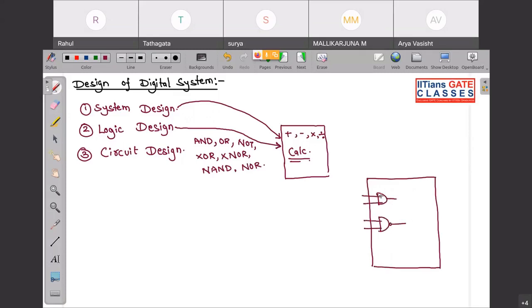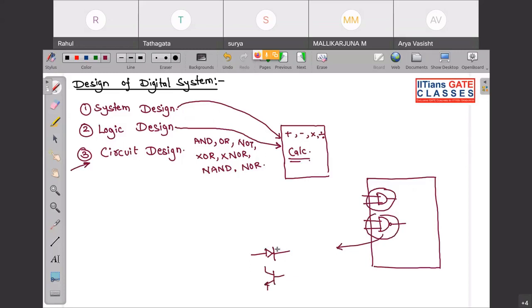Now what is circuit design? By circuit design we mean, this AND gate or this NAND gate also needs to be designed. How are we going to design this? We are going to design this with the help of diodes, transistors, or MOSFET, JFET.